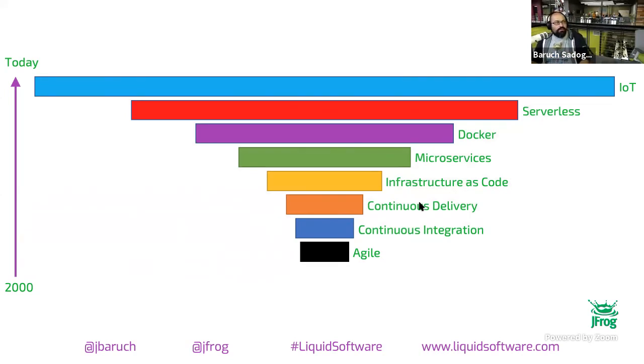Back in the 2000s, we started this trend by introducing agile and continuous integration, when we actually started to care about integration and about intermediate artifacts. Now we care not only about the releases when we integrate with others, but on our way to release, we start to care about different intermediate results.